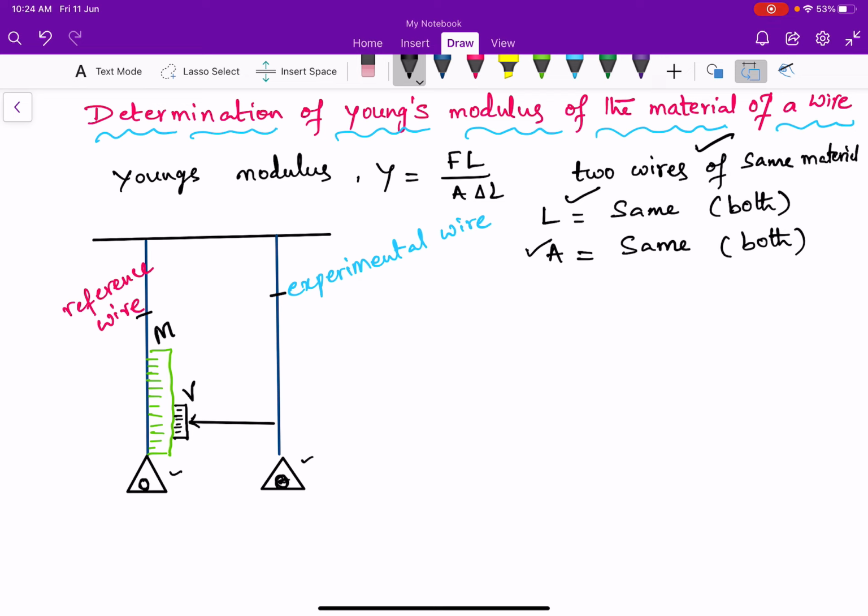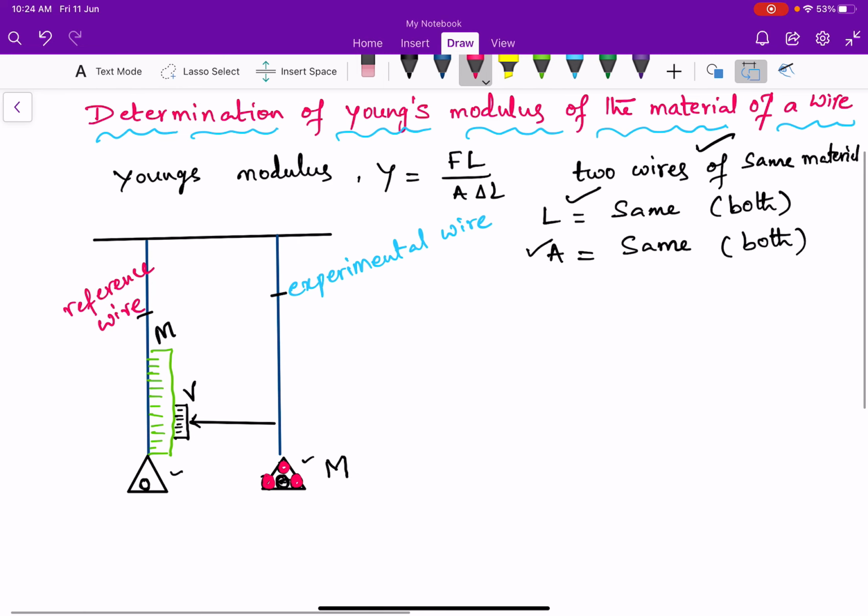Now if we add more mass to this wire, consider I add additional mass m here, and this mass, these three are nothing but additional mass. The mass of these additional objects kept in this pan is capital M.